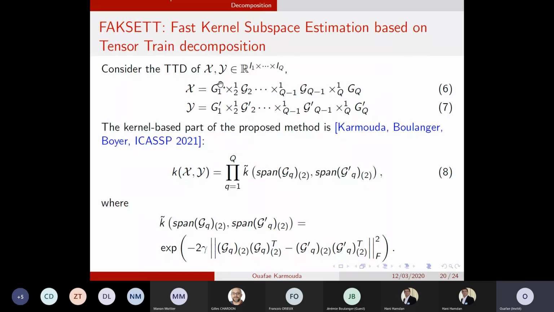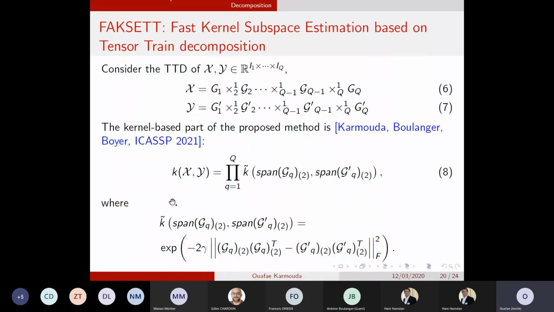So we're going to compute the subkernels between the subspaces spanned by the second unfolding of each core tensor for each mode, because the second unfolding of these core tensors span the same subspaces as the factors of the higher order singular value decomposition.